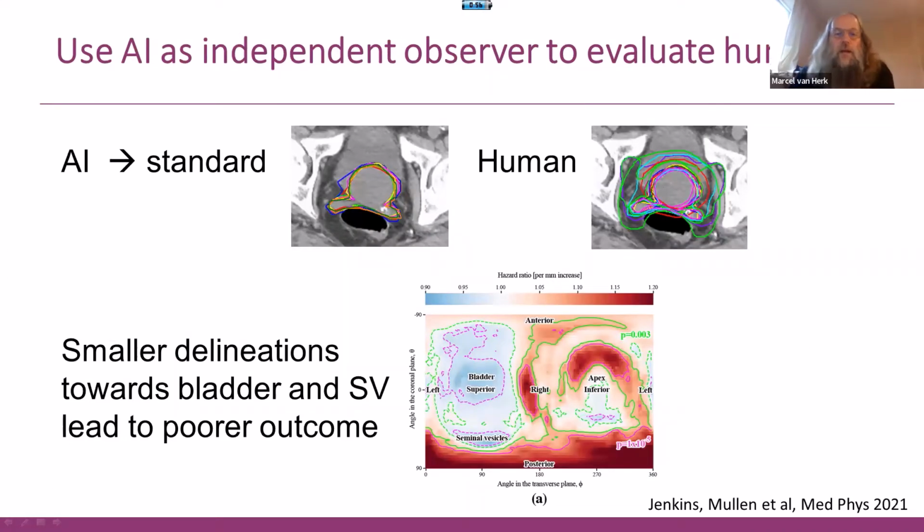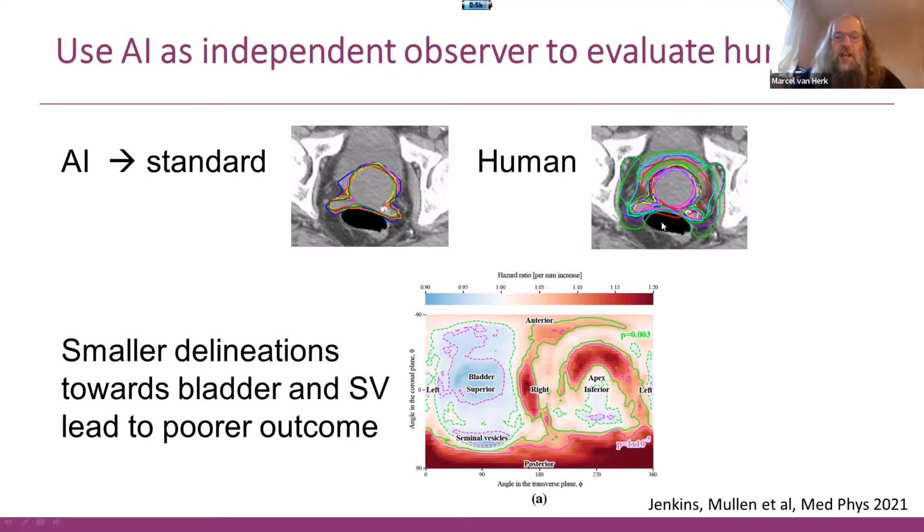Now, I explained a little bit about big data analysis, but can you use AI in big data analysis as well? Well, this is a publication from 2 of our MPhil students, which came out this year. What they did is they used an AI to generate standardized contours of the target volume, in this case the prostate, and then compared that with human observers.